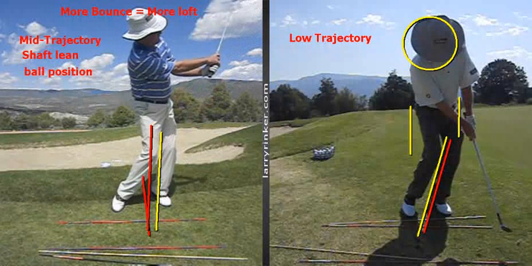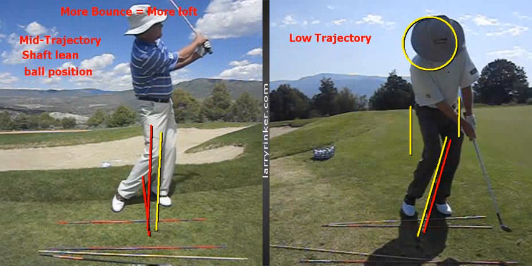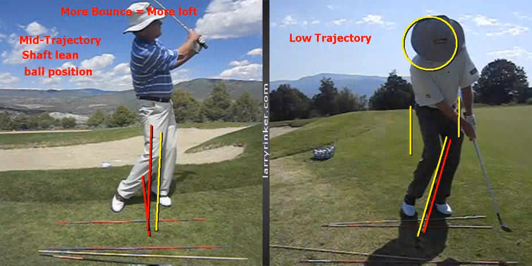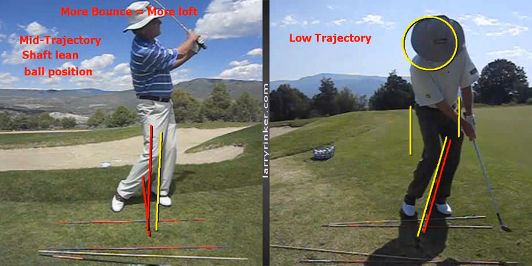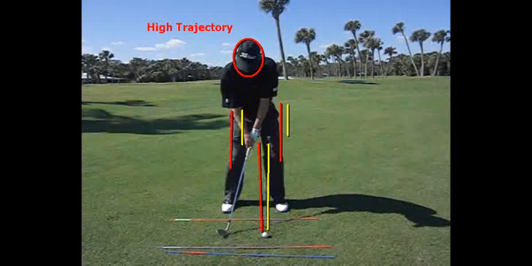So these shots are simply an open stance with an open club face. And when we play that ball more forward and don't have as much shaft lean, we have more bounce, we have more loft. And those are kind of shots we would play more for a longer bunker shot or for just kind of a mid-trajectory shot from the grass.